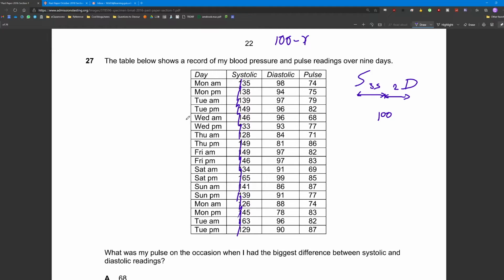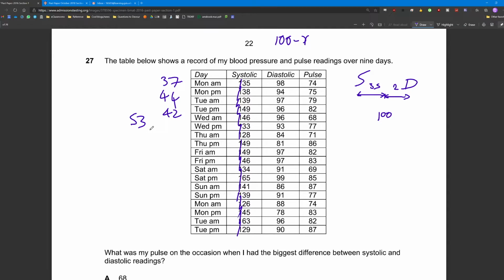So 35, 98, you get 37, 38, 6, 38 plus 6, 44, 39, 3, 42, 49, 4, 53, 49, 4, 53, 46, 4, we know immediately that's not.